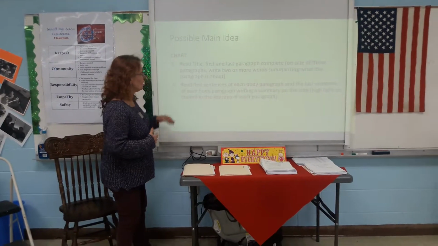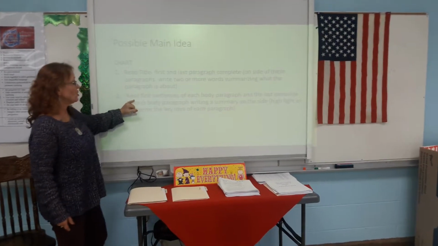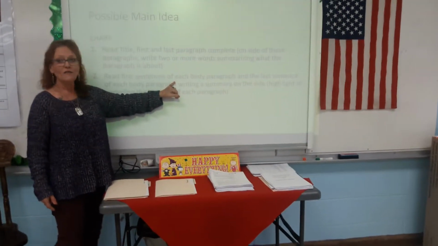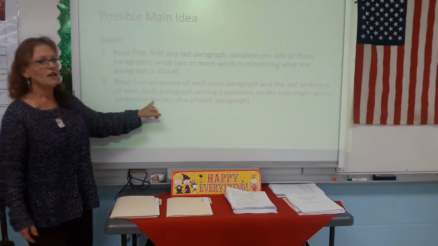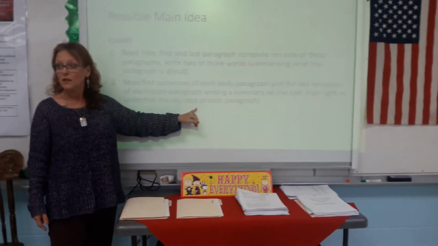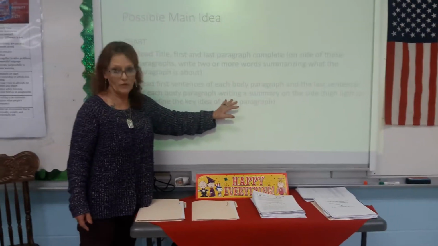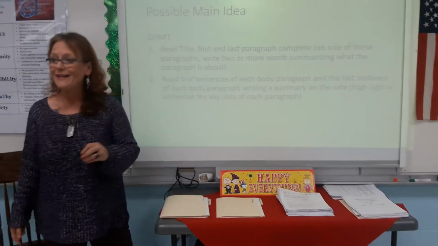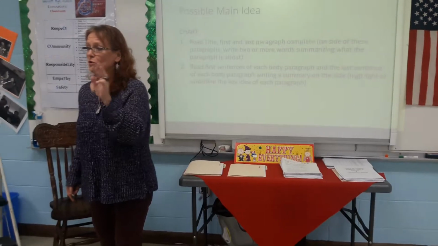Flowing. So we're going to practice today on step 2, the chart method, in which you're going to read the first sentence of each body paragraph and the last sentence of each body paragraph. And all you're going to do is write a summary on the side of those paragraphs of 2 to 3 words.